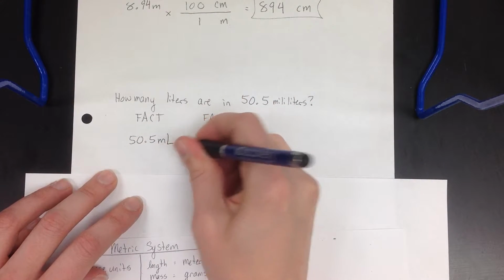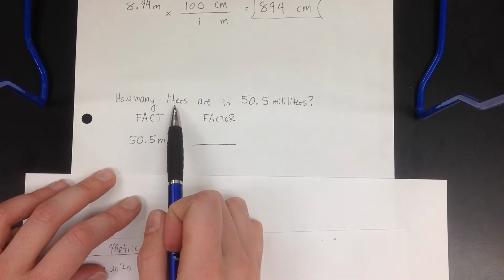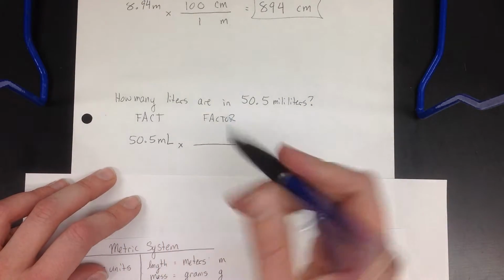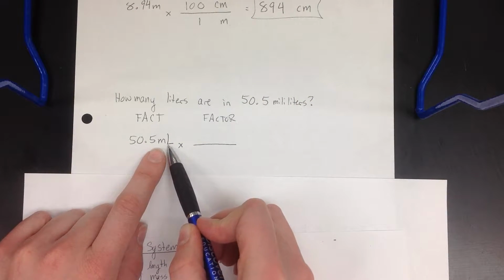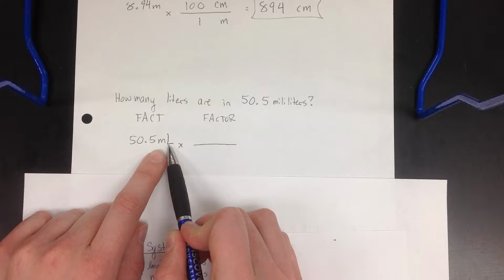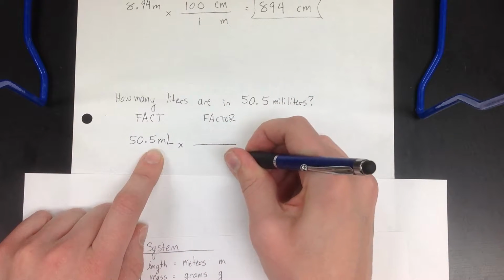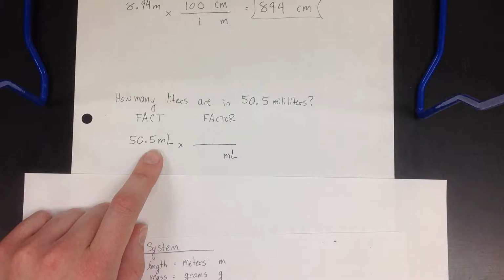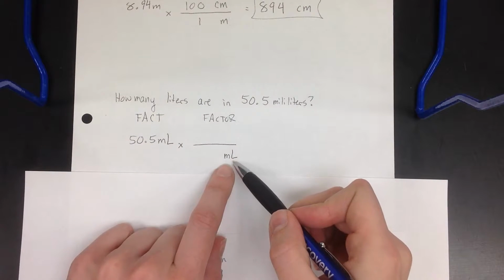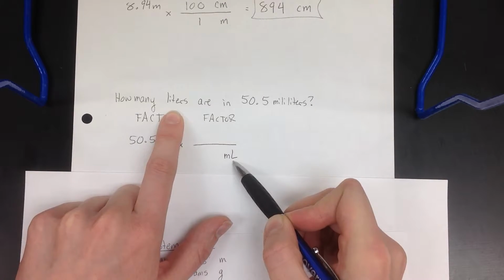Now, I don't want to stay in milliliters anymore. It instead wants me to convert into how many liters. So I need to cancel these milliliters. Well, right now, in order to cancel them, I need them in the opposite location. Here they're on the top, so I'm going to end up putting them on the bottom so that they cancel. Again, that weird question: do I have a factor that gets me from milliliters into the unit I'm trying to find, which is liters?